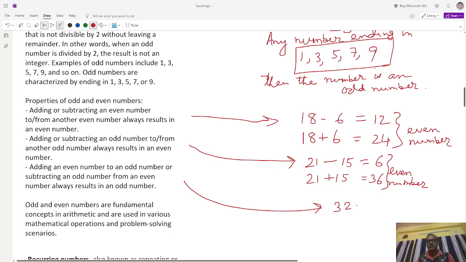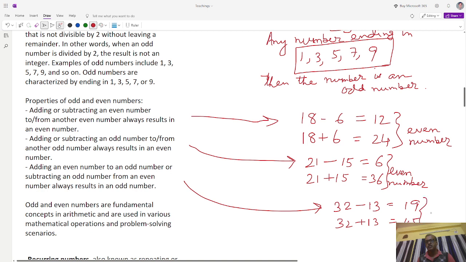Right? 32 minus, suppose, 13 equals 19. 32 plus 13 equals 45.